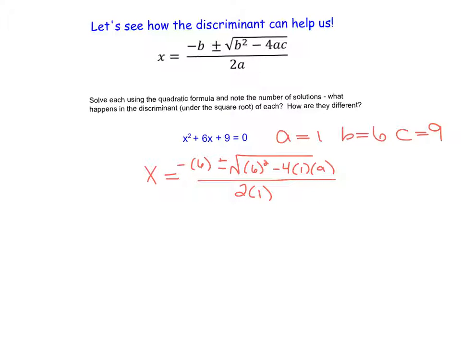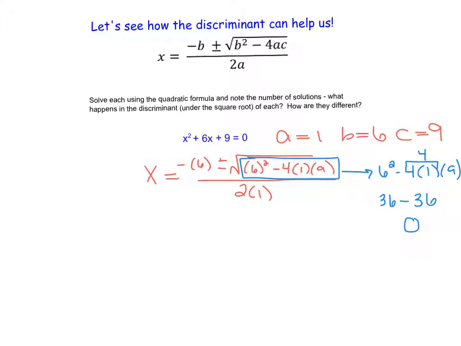So here, if we evaluate this part underneath the square root, if we focus in on this discriminant, we will have 6 squared minus 4 times 1 times 9. Well, I know that 6 squared is 36, so 36 minus, well, 4 times 1 is 4, 4 times 9 is 36, so I have 36 minus 36, which is 0.